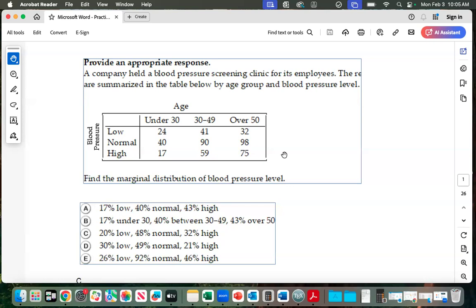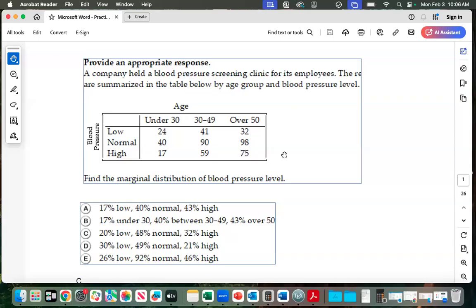What is the total for low? 97. Did you get 97? What is the total for normal? 228. What is the total for high? 151.